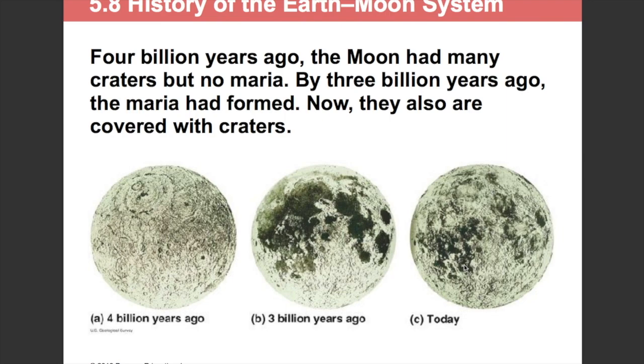But this was at a time about 3 billion years ago when really the late heavy bombardment period had ended and a lot of the material had been already swept up by the planets. So the collisions are much less frequent.